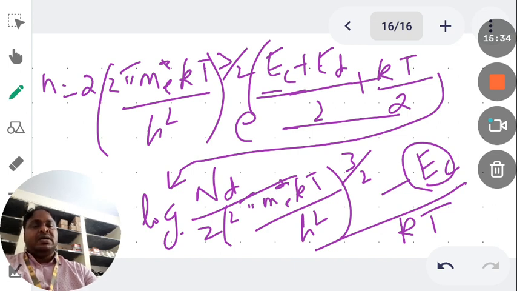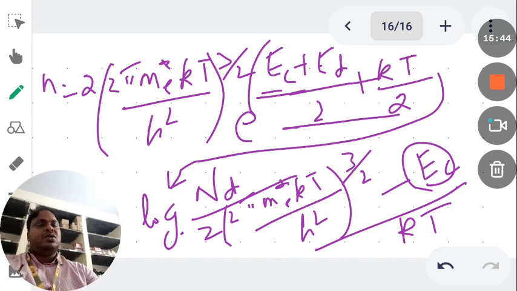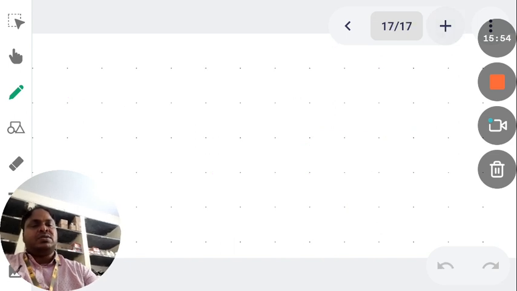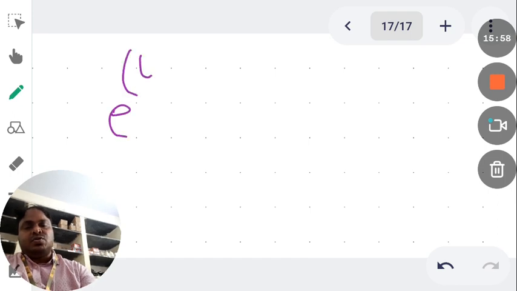I repeat. Taking LCM for EC plus ED by 2 minus EC, you will get EC plus ED minus 2EC, the whole divided by 2, and then EC minus 2EC, you will get minus EC. So the equation will become, now writing the exponential part alone, since I don't have space here, you will get ED minus EC by 2.